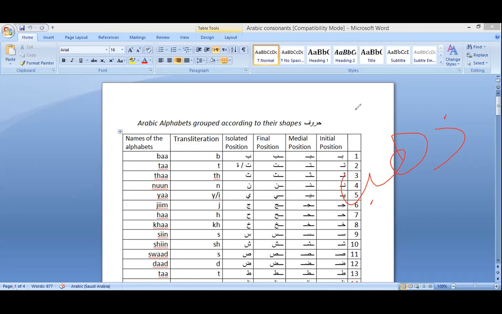So prepare yourself for that recap, because we don't want to move ahead before we are done with the letters, because otherwise we won't be moving in the right direction. So we want to master the letters. Then after that, we go to the next level.